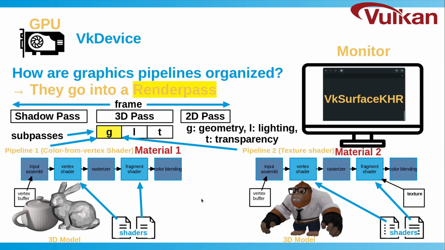Then in this example, we have 2 models here, a teapot and a bunny, and a monkey here. So these 2 here on the left, we want to draw with pipeline number 1, which we also call material 1.